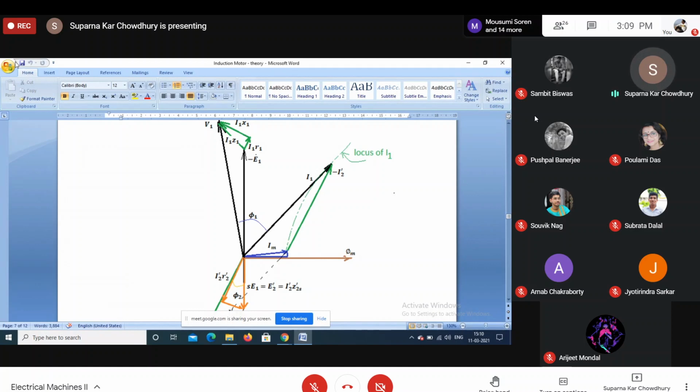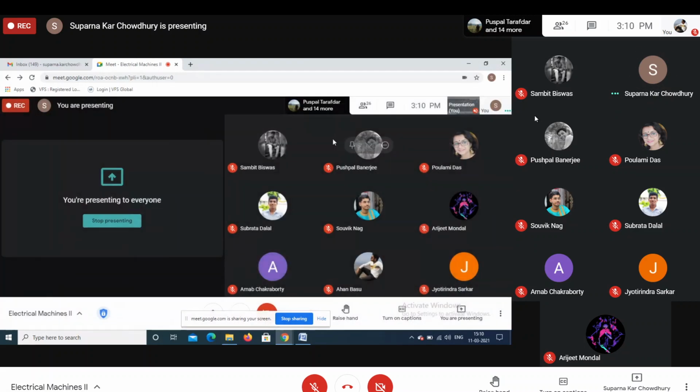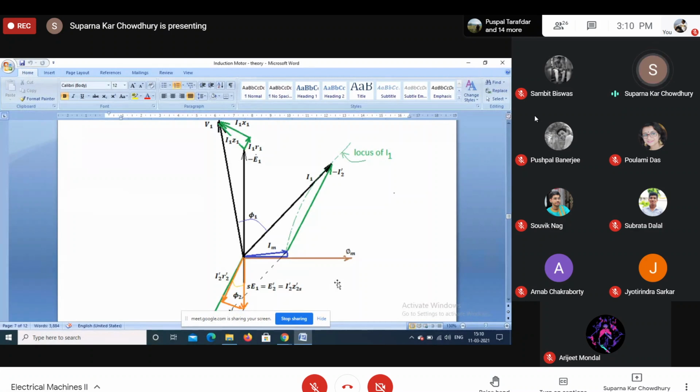This current and the flux interact to produce a torque. The torque will be produced in such a direction that it opposes the cause. The cause is a relative motion between the rotating magnetic field and the stationary rotor. So the rotor will start rotating in the direction of the magnetic field such that the speed difference reduces.